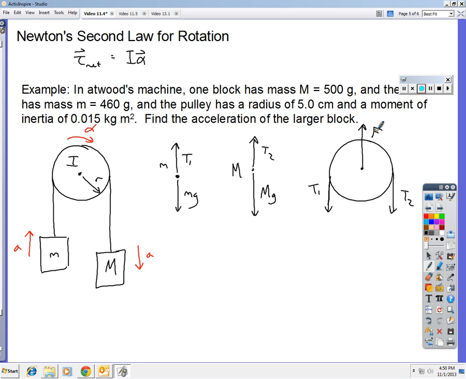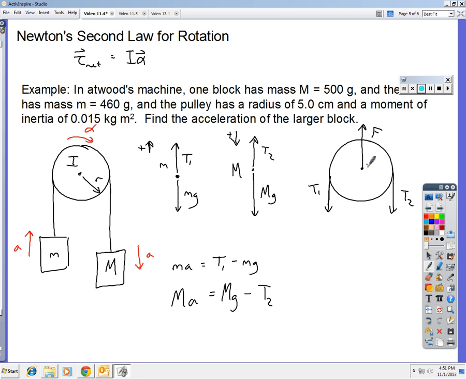And we'll find that applying Newton's second law to the 2 weights, so we'll make that direction positive, is pretty straightforward. We find that little ma equals T1 minus little mg, and big MA equals big Mg minus T2. That's all old hat. Now for the pulley, though, it gets a bit more complicated.